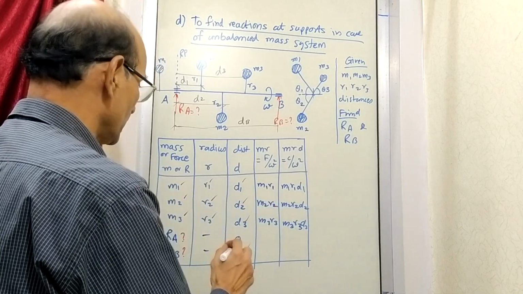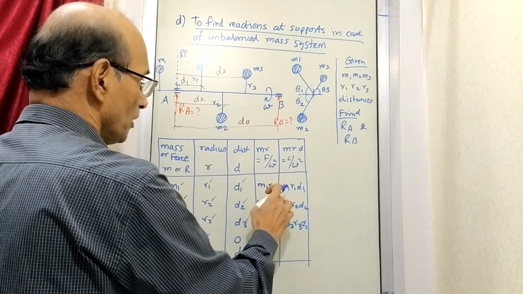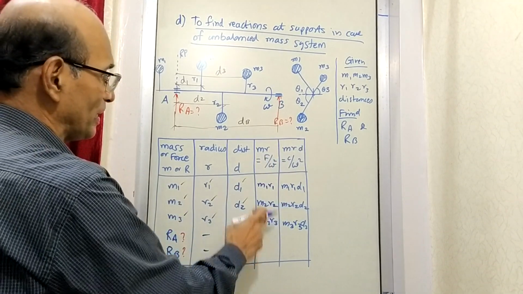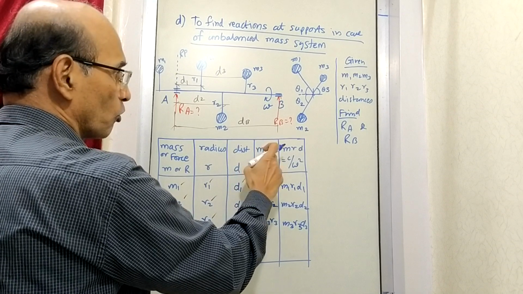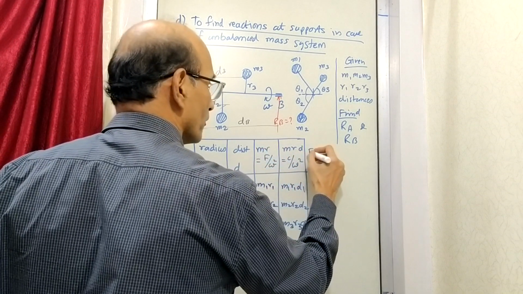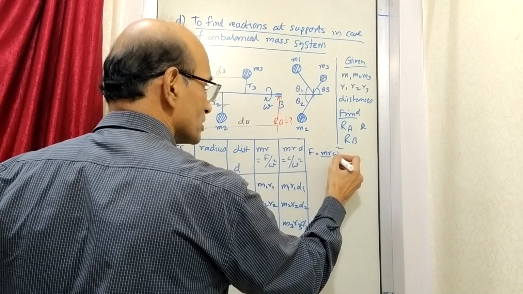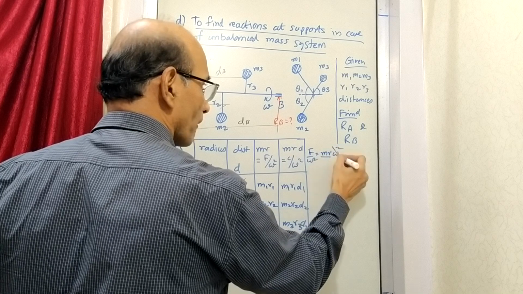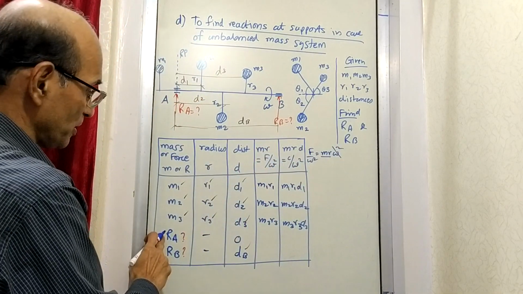Now what we write here is reaction. We have written M1 into R1, but in case of force what are we going to write here? See, F upon omega square, because you know M R omega square is equal to F. So M into R is F upon omega square. So F is force, so in this case reaction is a force.